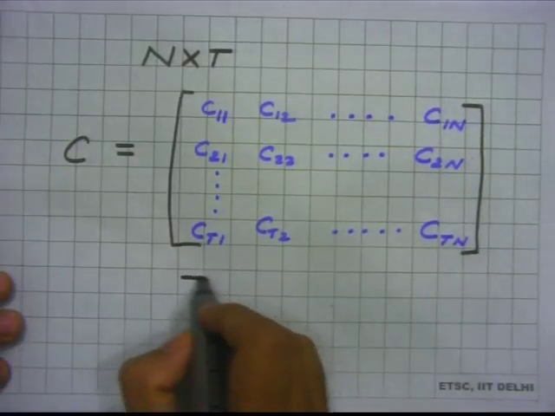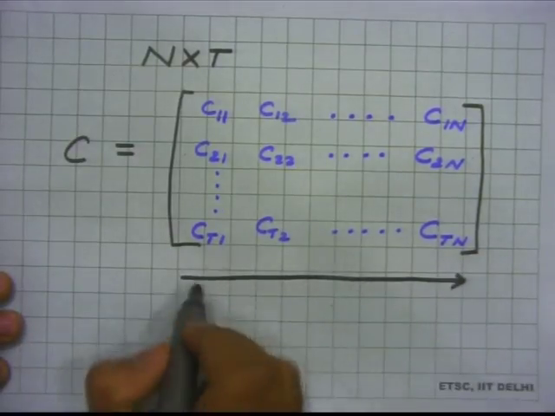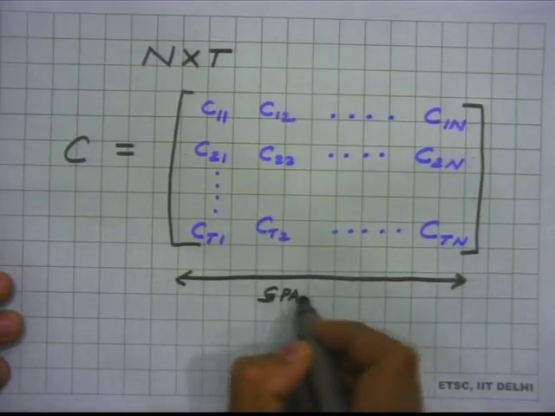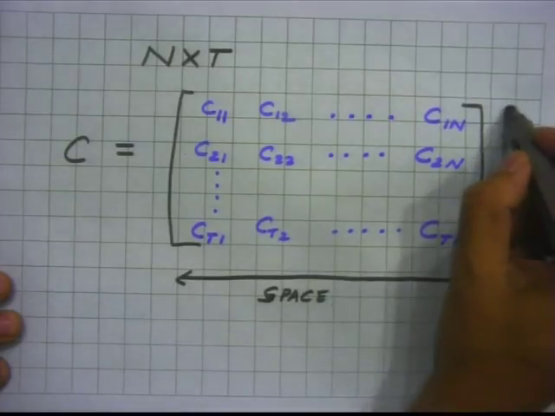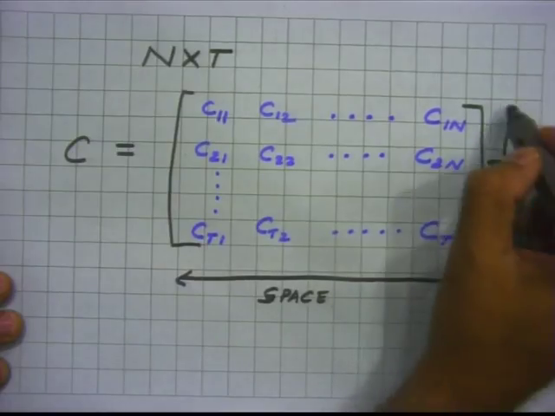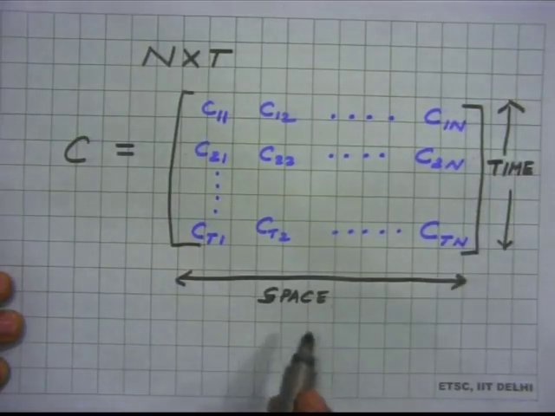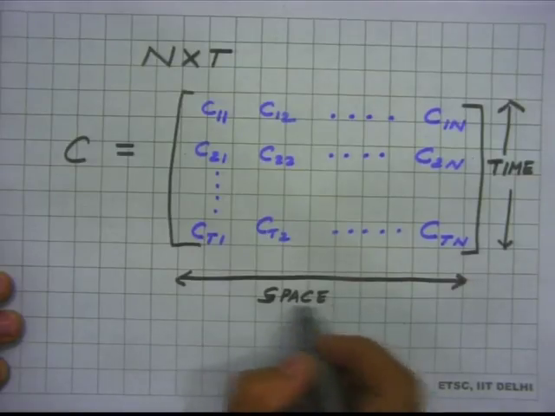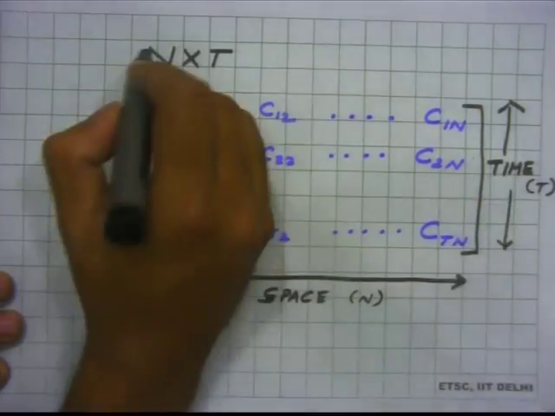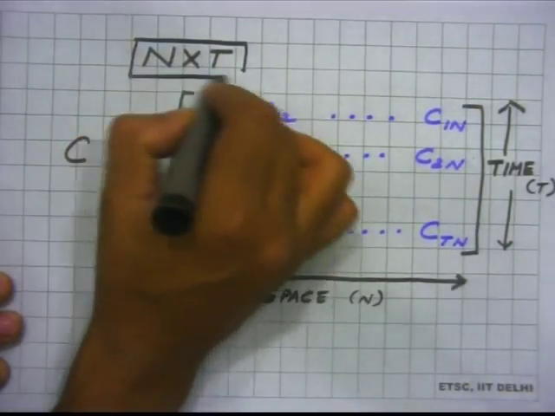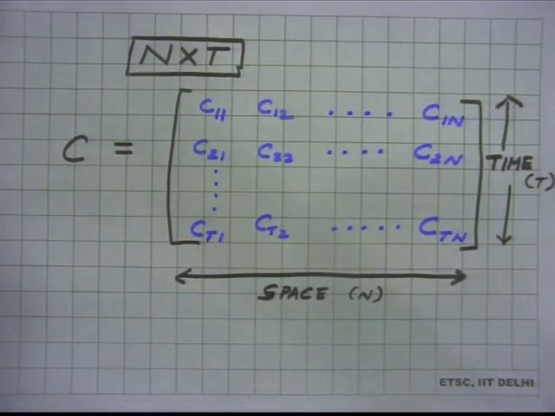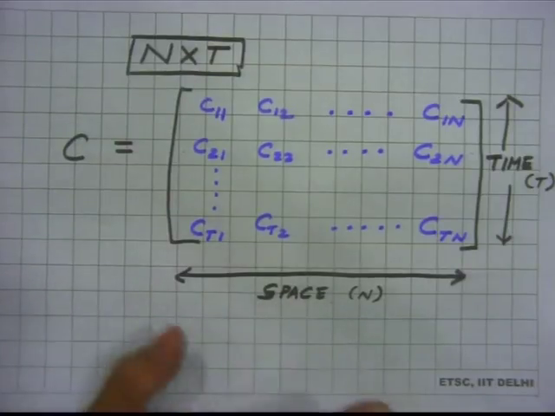Here we have n. So, this is the space axis and this is the time axis. Right. So, this is space and you have n and this is t. So, this gives you the n cross t. So, this is a general notation for a space time encoding matrix, okay?